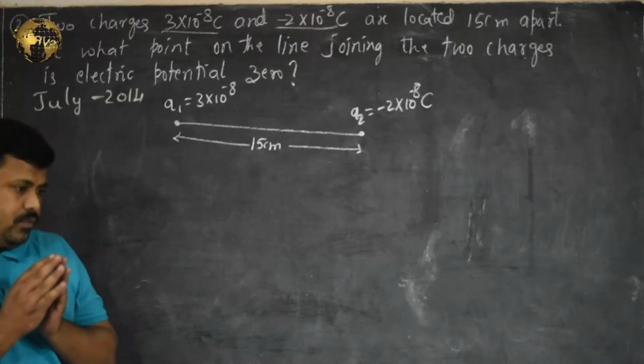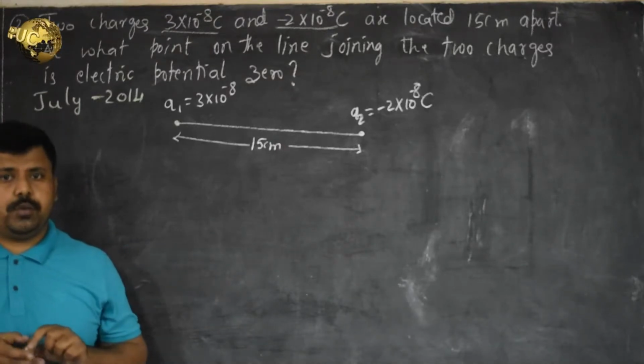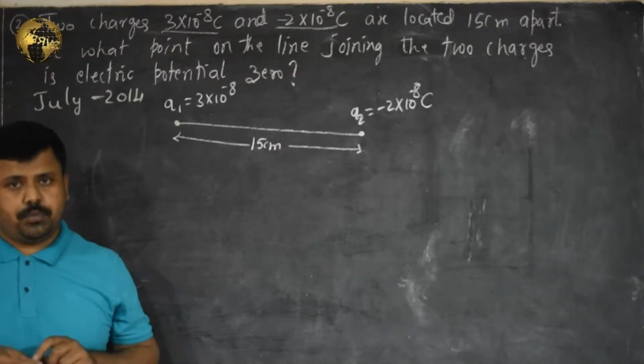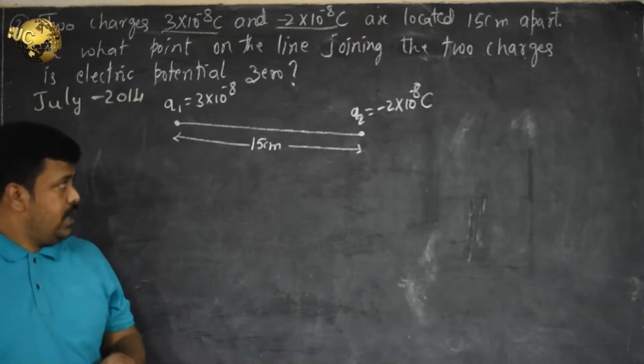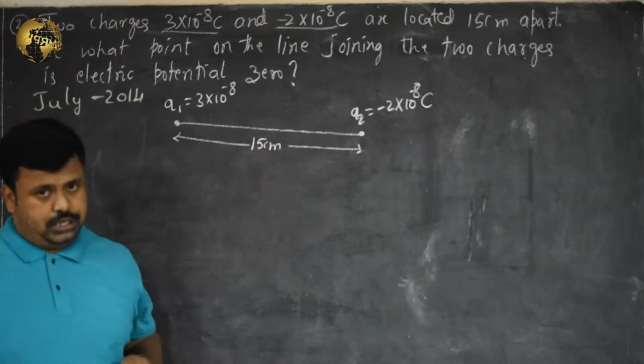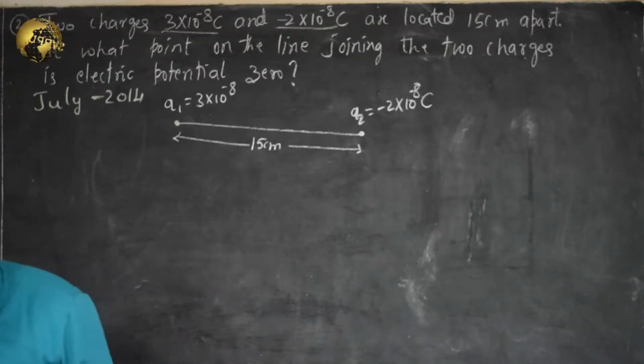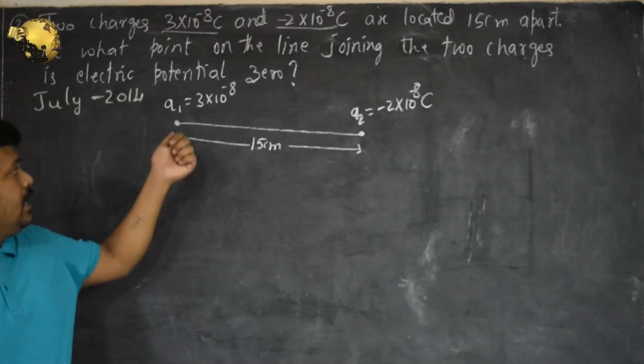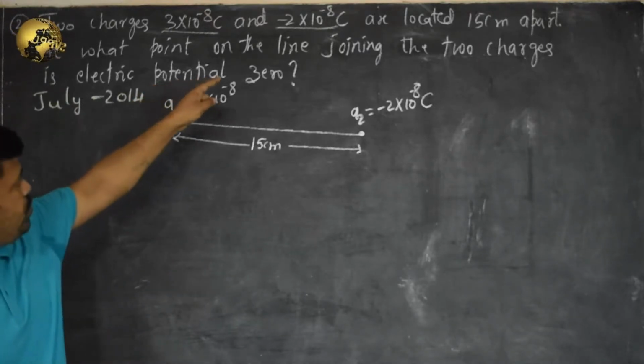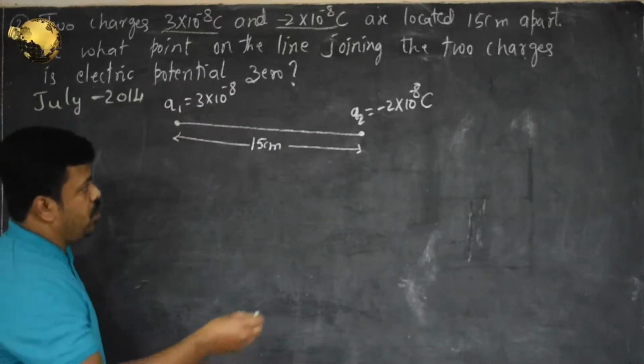So there will be 2 points at which the electric potential will be 0. One between the two charges, and one more piece of information I would like to give you is that the electric potential will be 0 always near to the smaller charge.